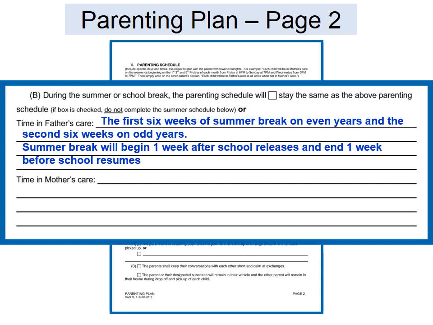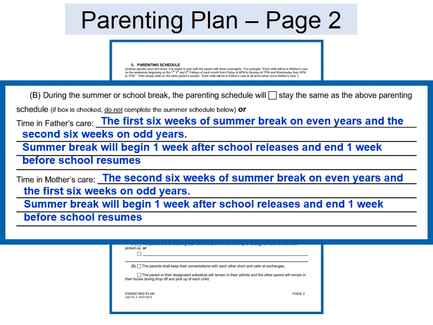Here's an example. Time in father's care. The first 6 weeks of summer break on even years and the second 6 weeks on odd years. Summer break will begin 1 week after school releases and end 1 week before school resumes. Then a corresponding schedule is detailed for time in mother's care.